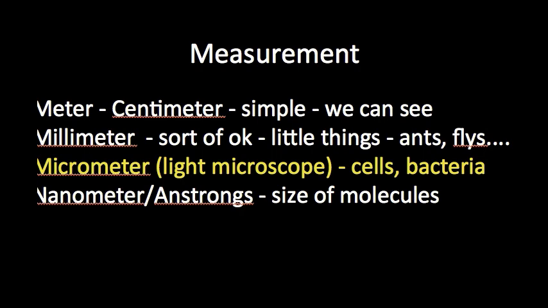In other words, they're the thousandths of a millimetre or 1/1,000,000th of a metre. So that is the common scale that you'll see most of the time when we look at cells. Sometimes we look at cells at the nano and angstrom level, where we can start to see the actual molecular makeup or the chemistry in cells.